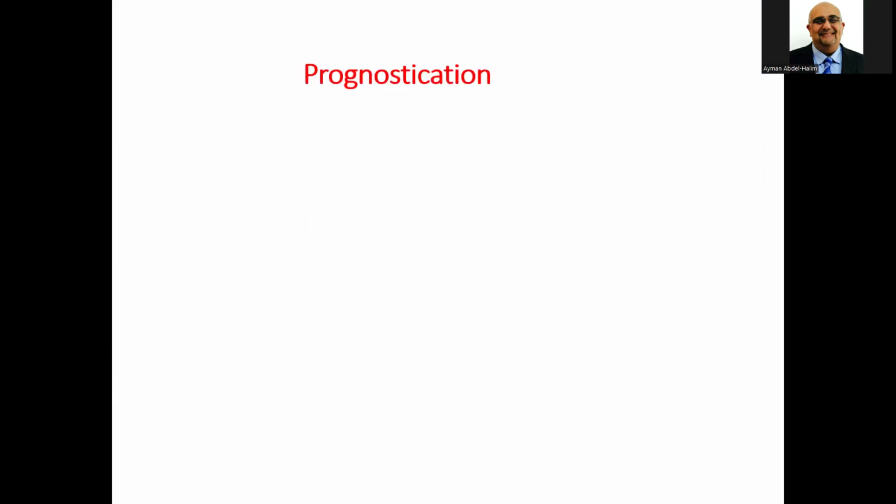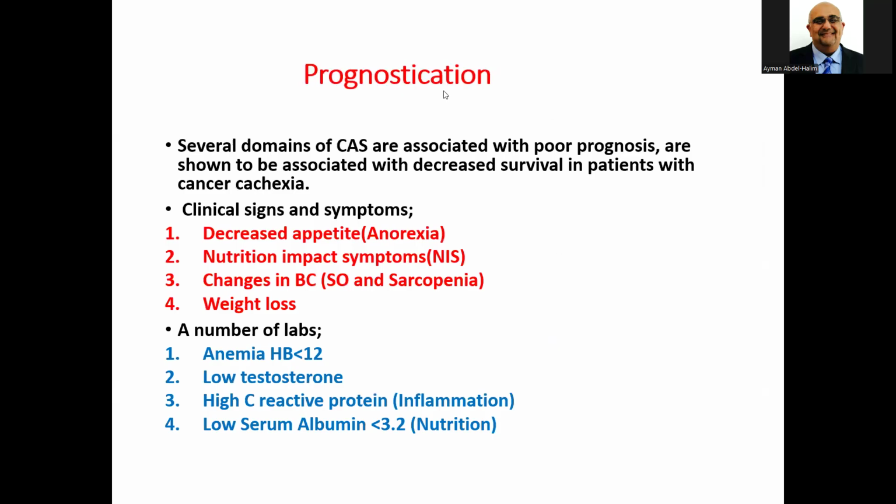Prognostication. Several domains of cachexia are associated with poor prognosis and are shown to be associated with decreased survival in patients with cancer cachexia. Clinical signs: decreased appetite, nutritional impact symptoms, changes in the body composition, such as sarcopenic obesity and sarcopenia, and weight loss. All of these affect the cachexia anorexia syndrome, and thus they carry poor prognostic features here.